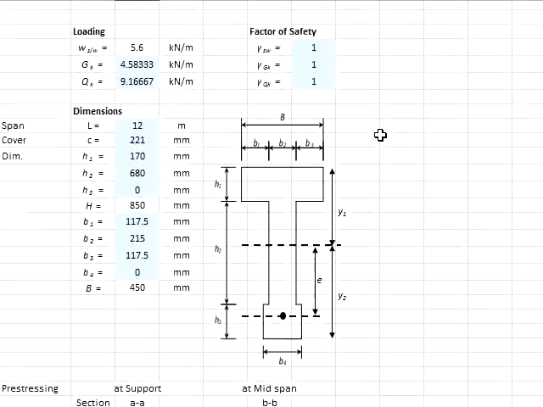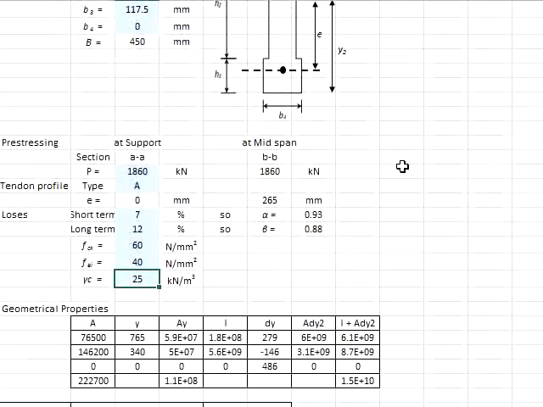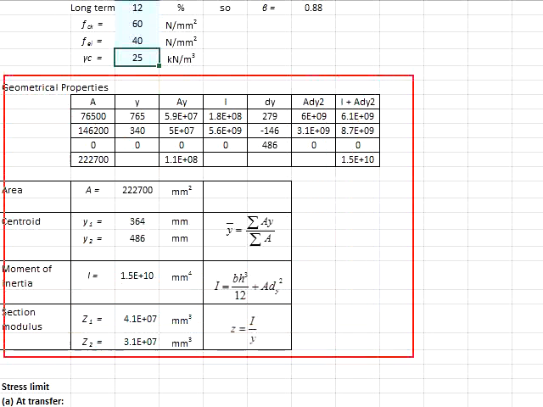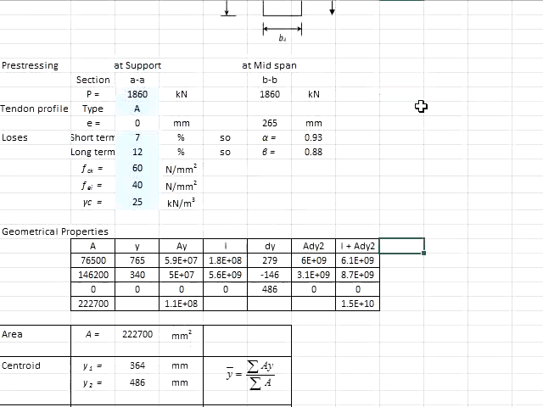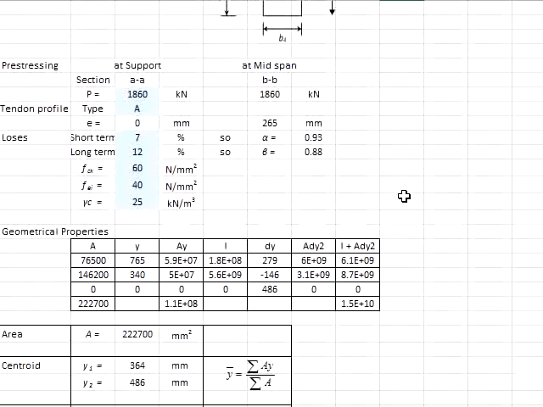Next, the values are substituted into the spreadsheet for us to do the computations. We need to determine the geometrical property of the member. As the member only consists of the T-shapes, that means we can simply ignore this from the spreadsheet. The area of each element is calculated.